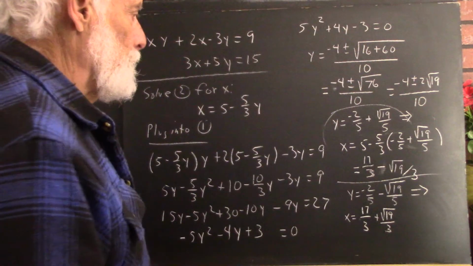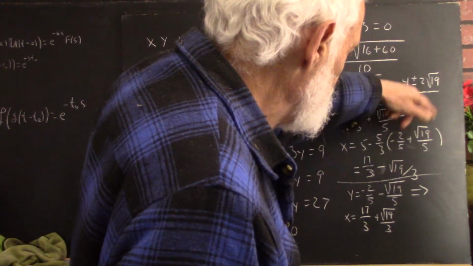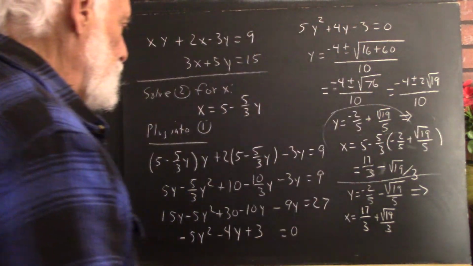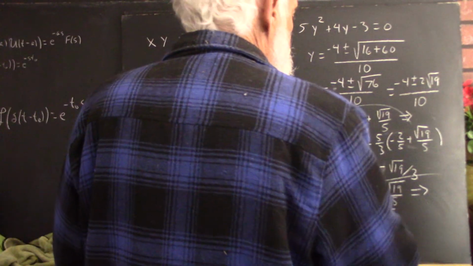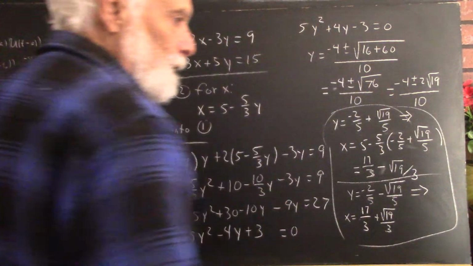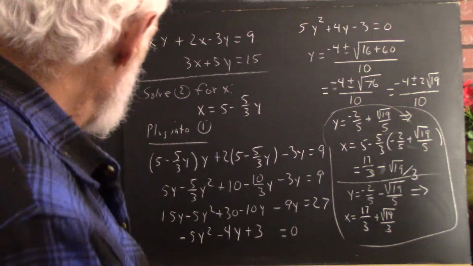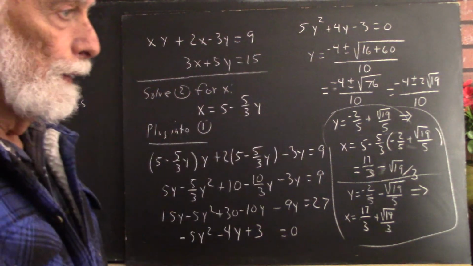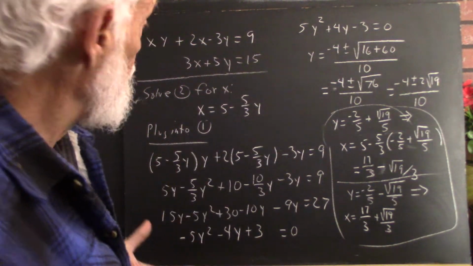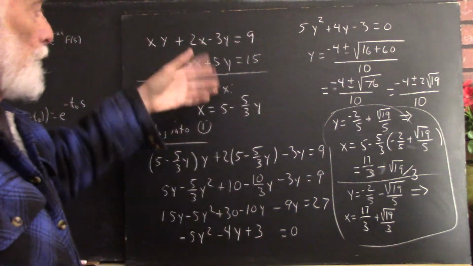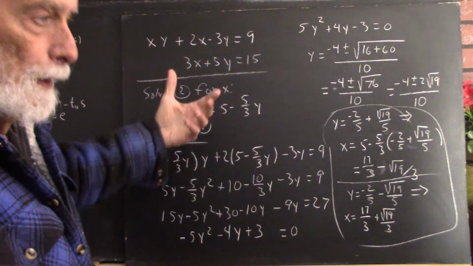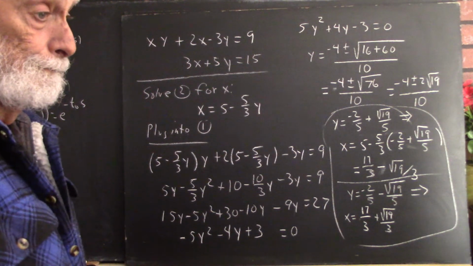And it's got to be over 3 because we got 5/3 of that. The 5's divide out, you end up with a 19/3. Anyhow, do it carefully like I didn't, and you'll get a solution set. I might have made other errors, but you see the process. And again, the process is simple. Solve one equation for one of the variables, plug it into the other equation.